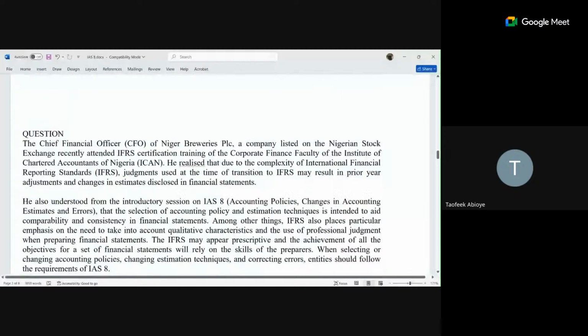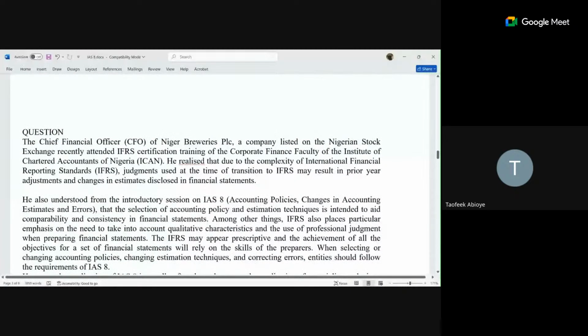These are likely past questions. The Chief Financial Officer of Nigeria BOS PLC, a company listed on the Nigerian Stock Exchange, recently attended IFRS certification training of the Corporate Finance Faculty of the Institute of Chartered Accountants of Nigeria. He realized that due to the complexity of International Financial Reporting Standards, judgment used at the transition to IFRS may result in prior year adjustments and changes in estimate disclosed in financial statements.